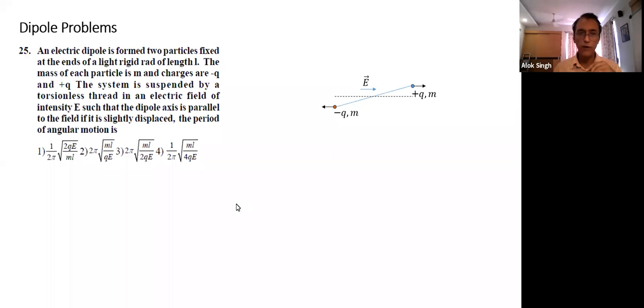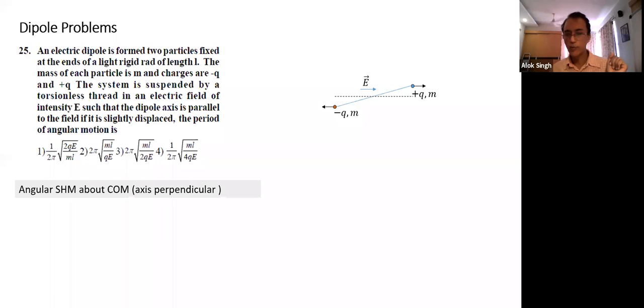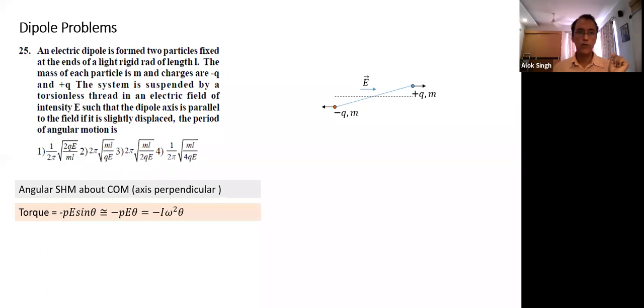We discussed some part of it, stable equilibrium. It is about angular SHM, about the center of mass. So what is the torque? The torque, we know, is equal to minus PE sine theta, which can be written as minus PE into theta for small angular displacement. So the torque is proportional to theta.